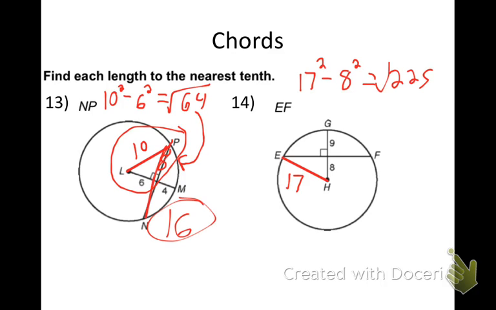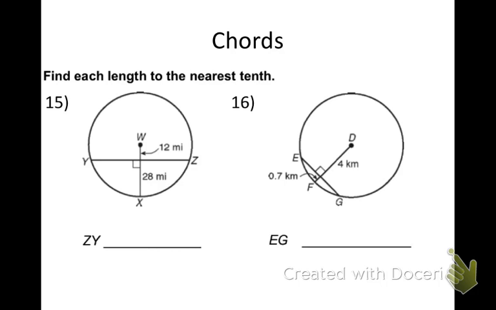And then the square root of 225 is 15. So this distance is 15. Double that and I get the whole length, which is then 30. Nice job. The key is, again, you have a right triangle. That is the key to this. Take a couple seconds and try these two.